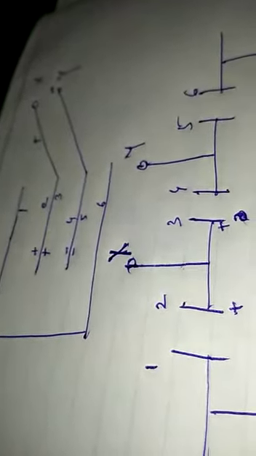Let x be positive and y be negative. Since this is connected to the source, both will be positive and both will be negative. So 2 is positive and 3 is positive, while 4 is negative and 5 is negative, confirmed. The rest of the plates will be induced.